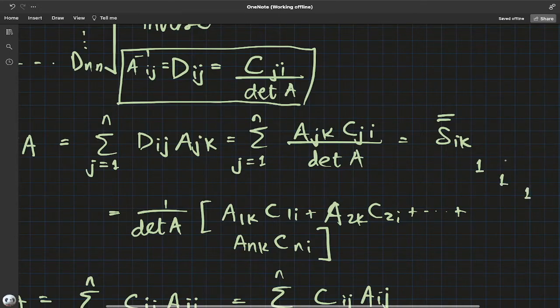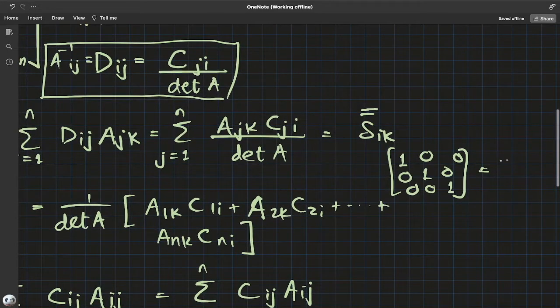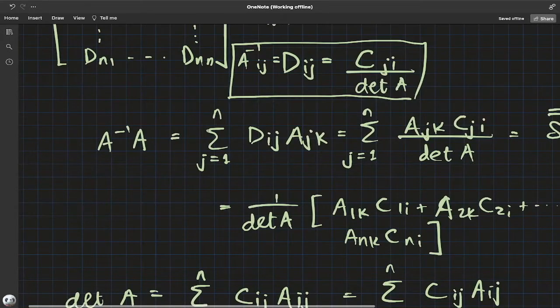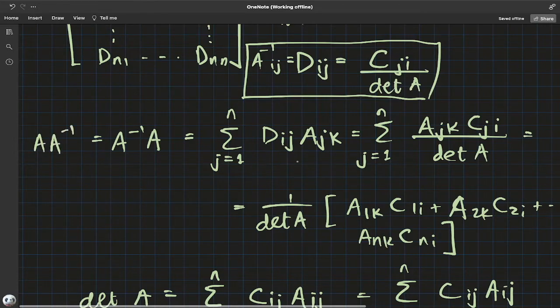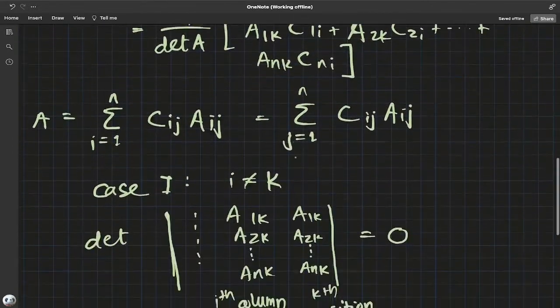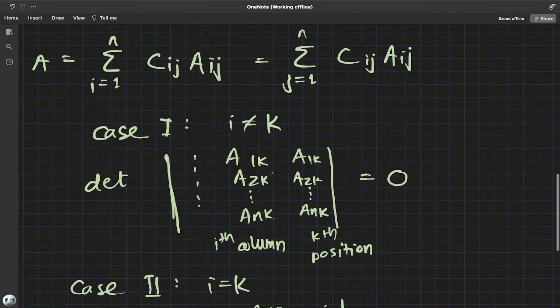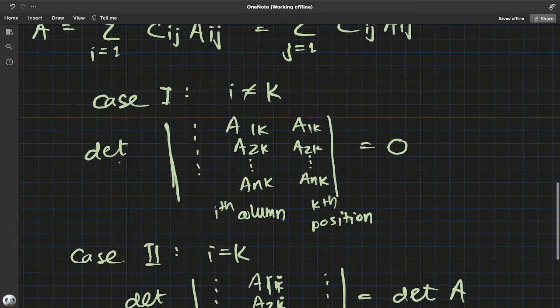We have 1s there and 0s everywhere else, which is precisely the identity matrix. So A inverse times A is the identity. You can do a similar approach for A times A inverse, in which case you'll have to look at not the rows but the columns and conclude the same result, because the determinant is unchanged over transposition.